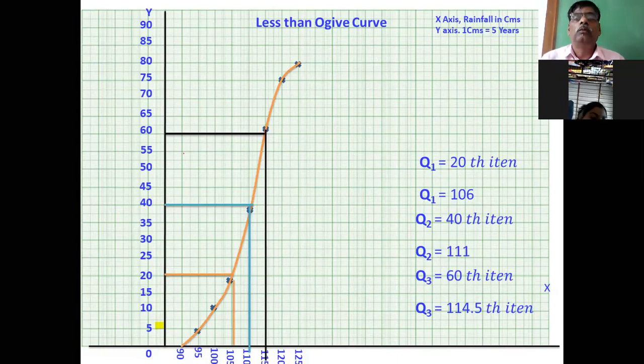And one more problem I'll take regarding median. How to calculate median with the help of ogive curve in the next period. Otherwise, I'll upload the video today itself. Okay. On the basis of the problem solved by me, you solve the other examples. And I'll dictate the questions already uploaded in the Google Drive.